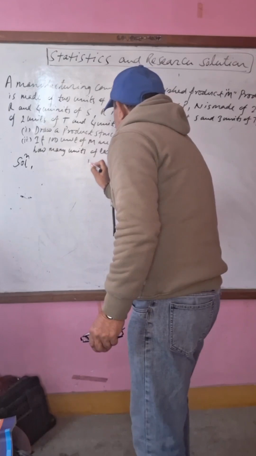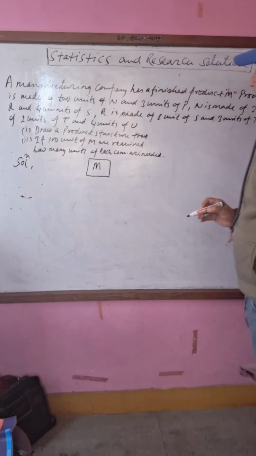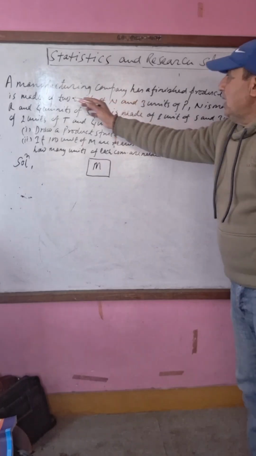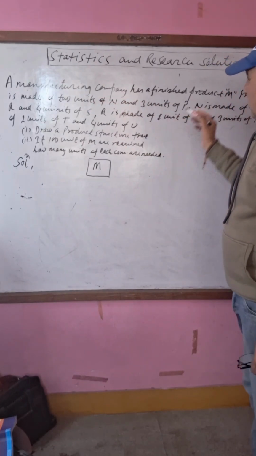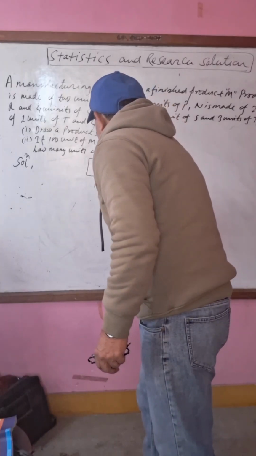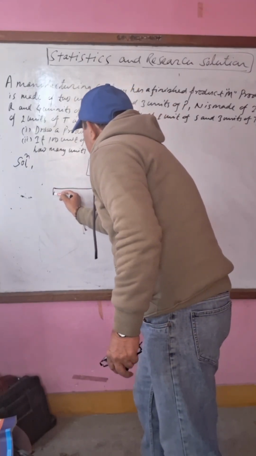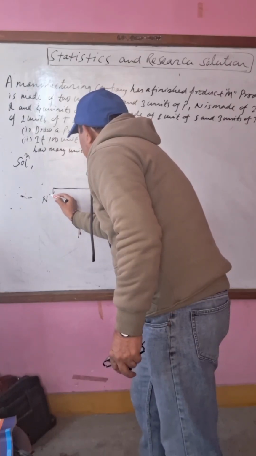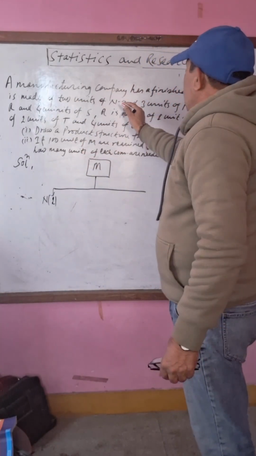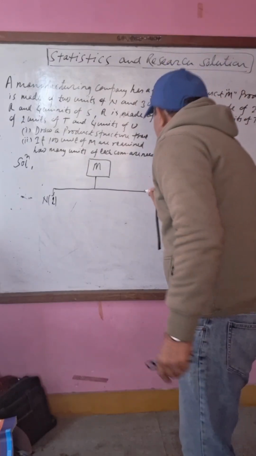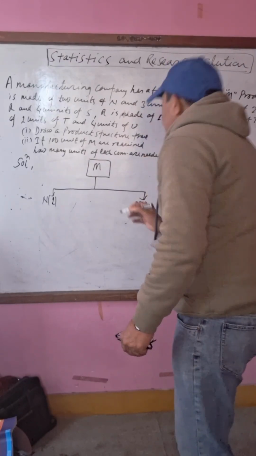M is the product, and this M product is made from 2 units of N and 3 units of P. We write it like this.